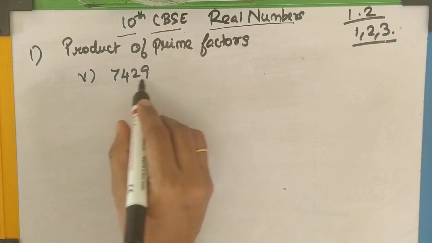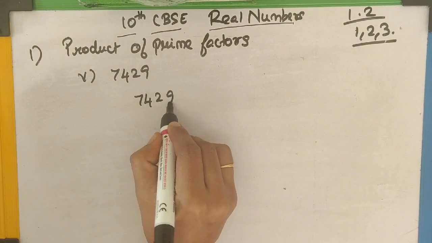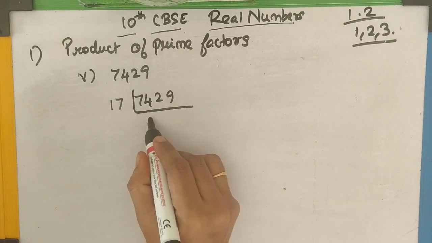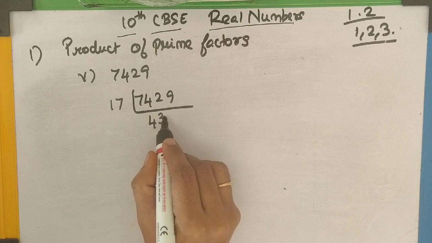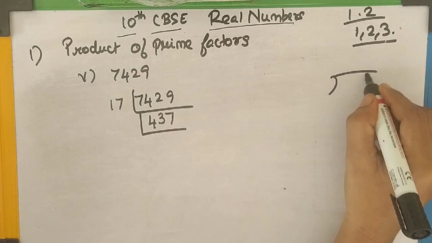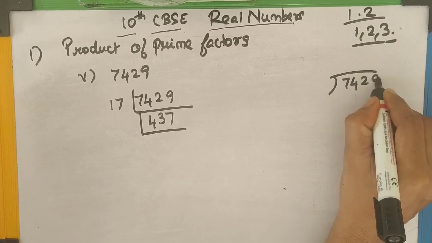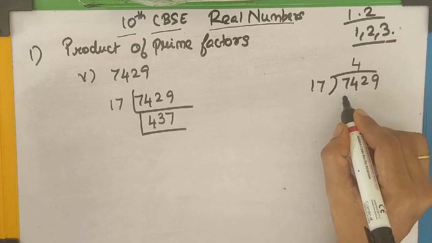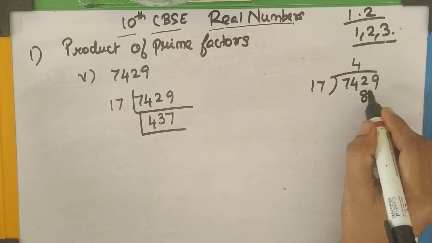That is 7429. This number is divisible by 17. So we get the quotient of 437. This is nothing but a normal long division. I took 7429 and divided by 17.